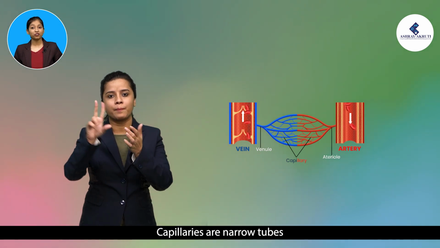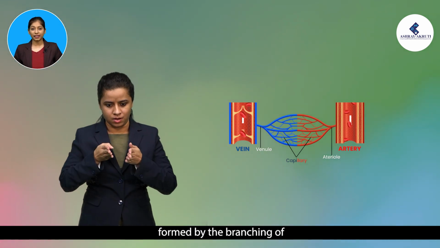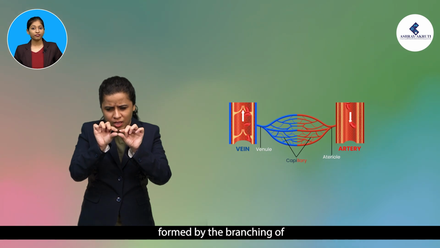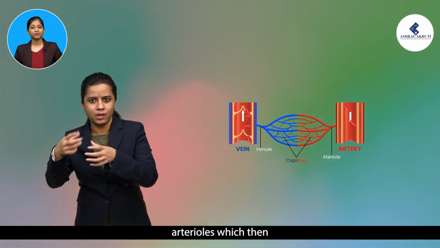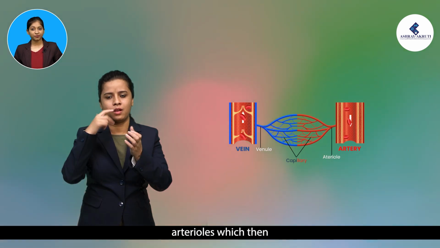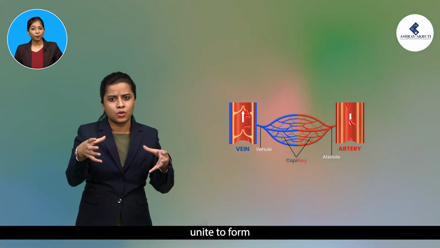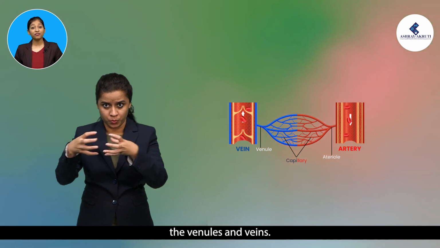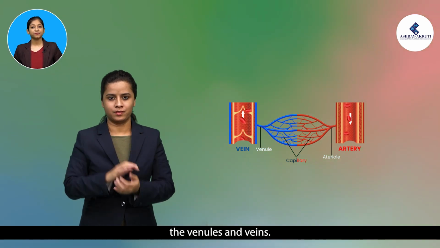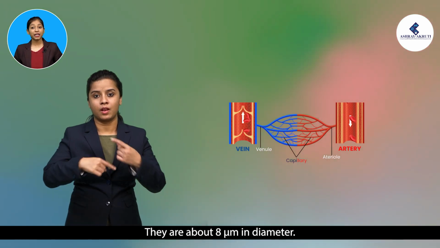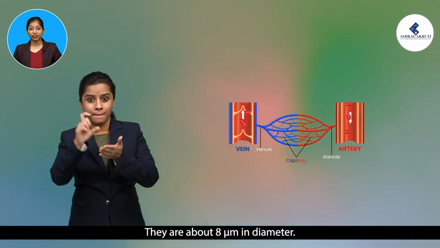Capillaries are narrow tubes formed by the branching of arterioles, which then unite to form the venules and veins. They are about 8 micrometers in diameter.